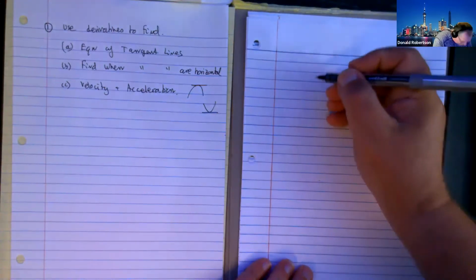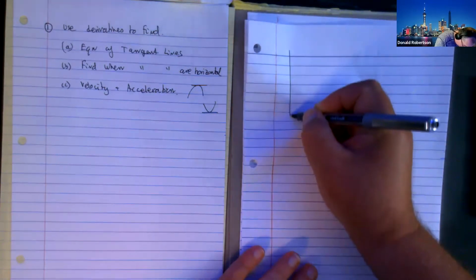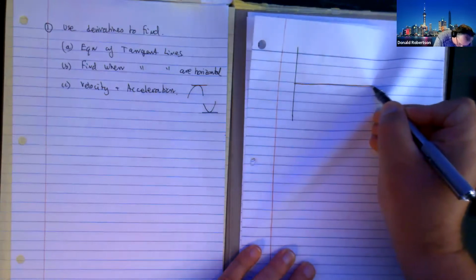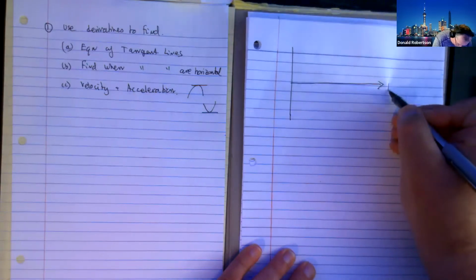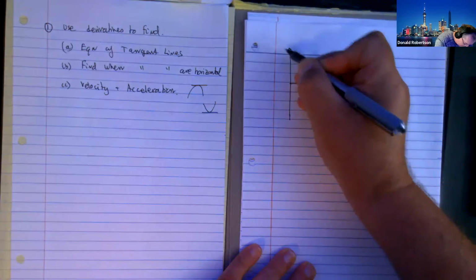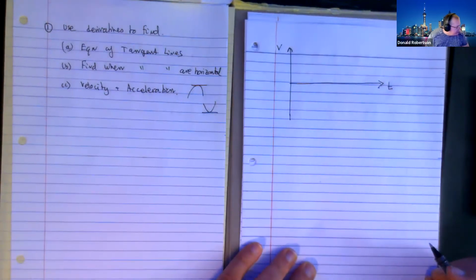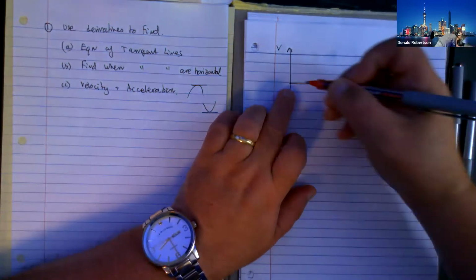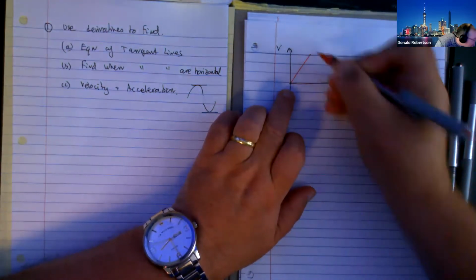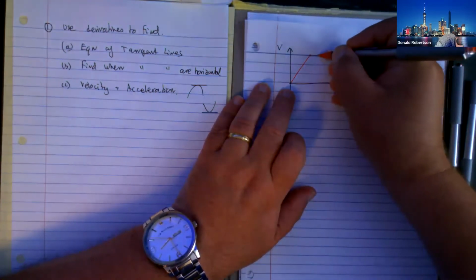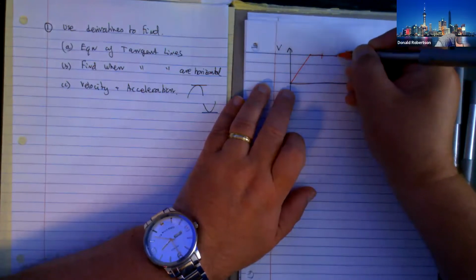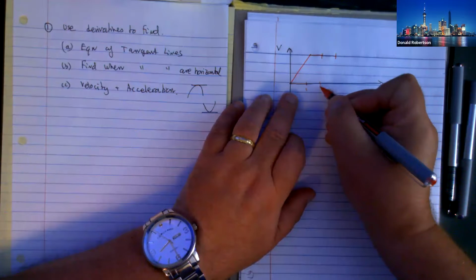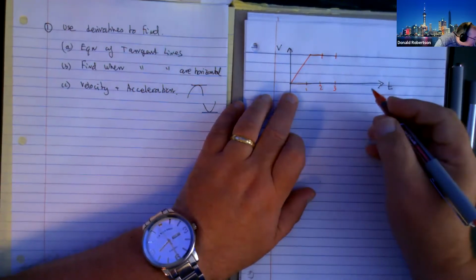This is my version of that same diagram. So I'm going to call that time, and I'm going to call that velocity, because to me, that's what you should have called it in the first place. And it went to there. And then for 2 seconds, it went there. So this is 1 second, 2 seconds, 3 seconds.